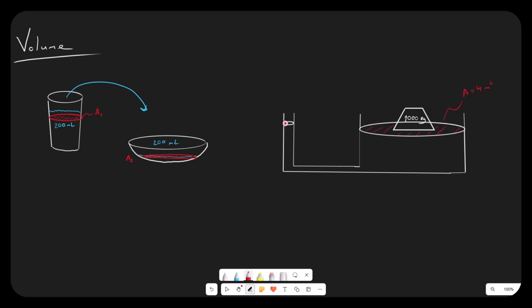Over here I'm going to give this thing an area. If this thing has a radius of 10 centimeters, that would be 0.1 meters. Squared is 0.01 times pi is something like 0.03 square meters.